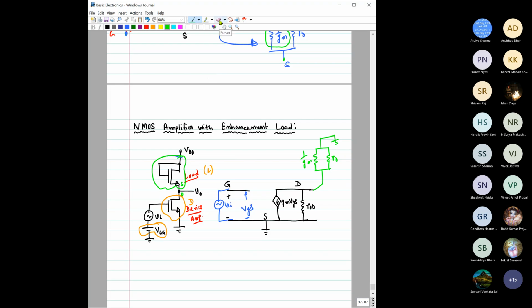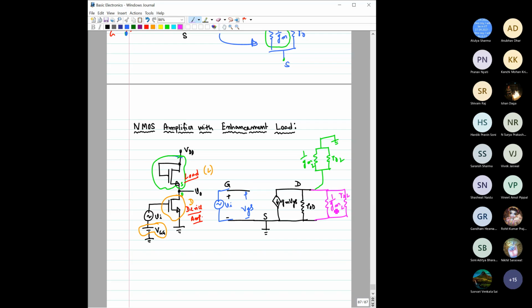Now why take so much pain to draw it like this? We could have drawn it here only, with gm and r0. Let us write it as gmL and r0L to identify that this is part of the load.